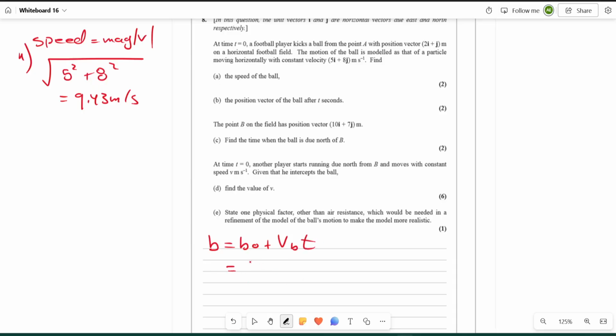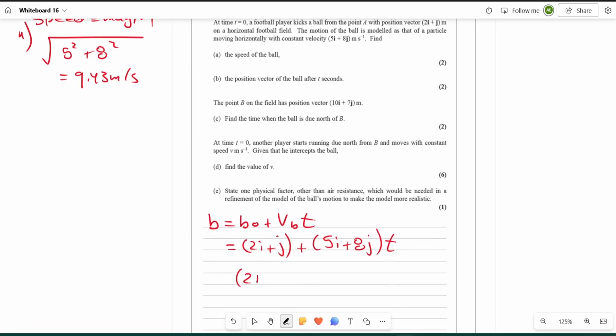B0 is the initial position vector of the ball, which is 2i plus j, plus the velocity of the ball, which was 5i plus 8j, times time. Let's group all the i's together. So this is going to be (2 plus 5t) in the i plus (1 plus 8t) in the j. This is the position vector.